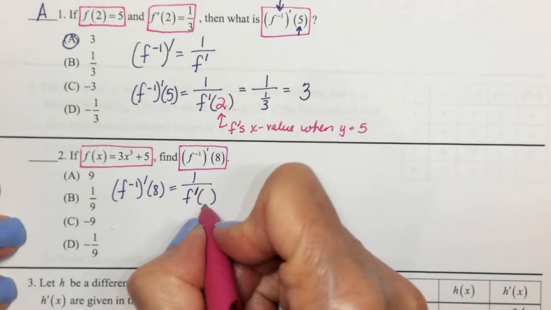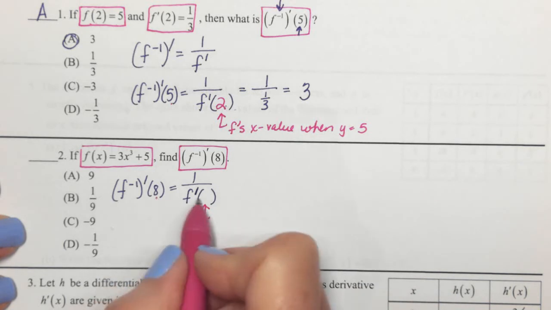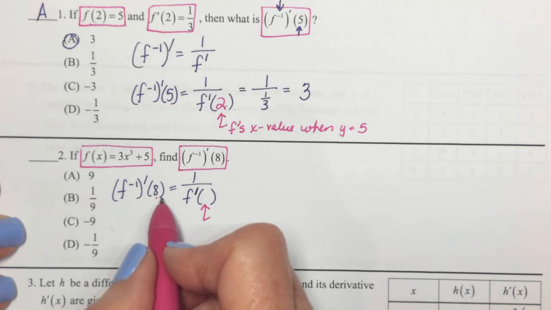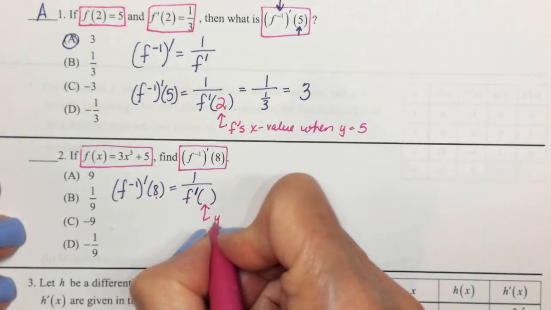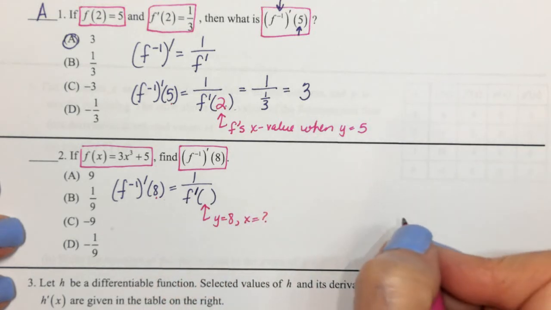Very unlikely it's going to be 8, unless it just happened to be the point 8, 8. All right? So we know that y is 8, and we want to know what x is equal to there.